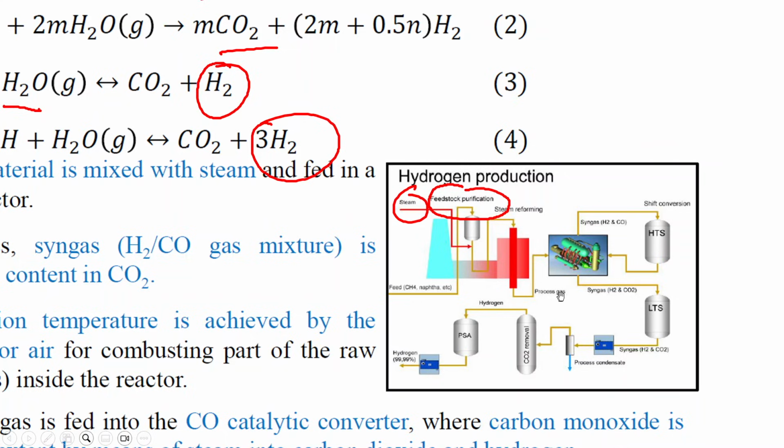After the steam reforming, the gases that come out, we can separate different gases by scrubbing or by using pressure, like PSAs.